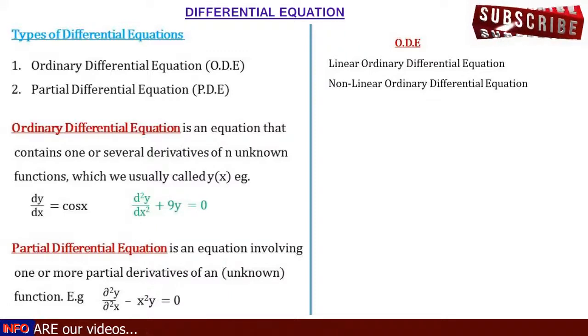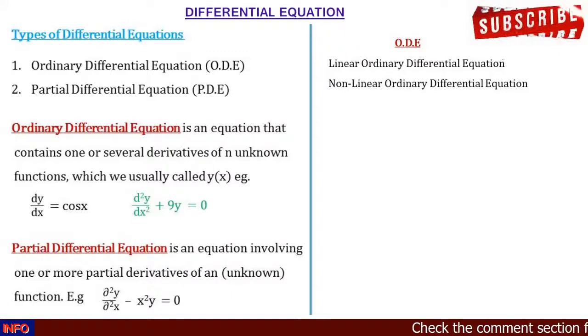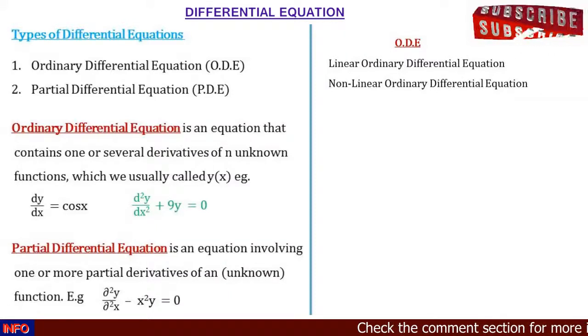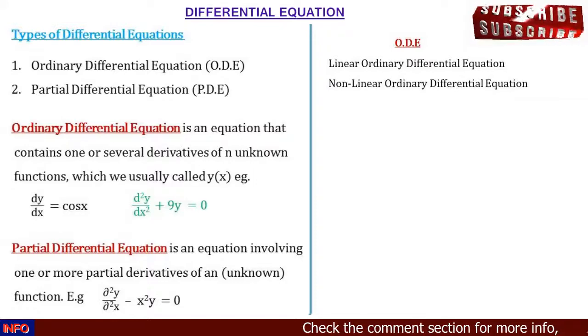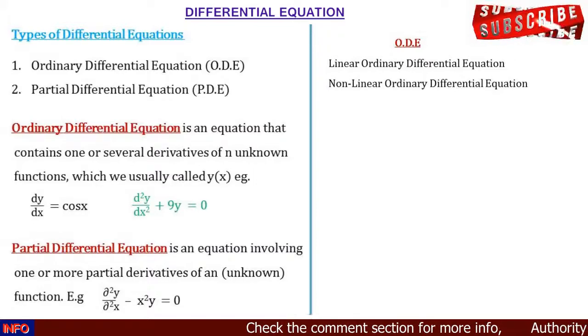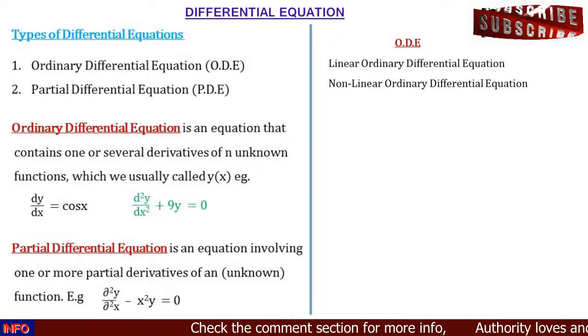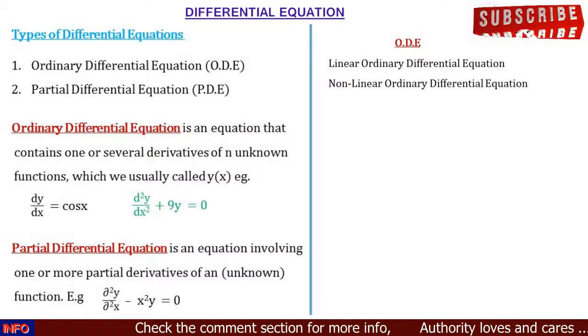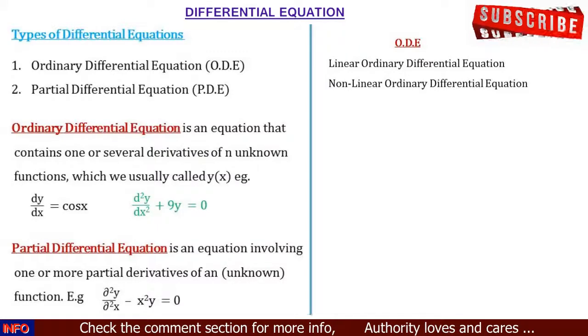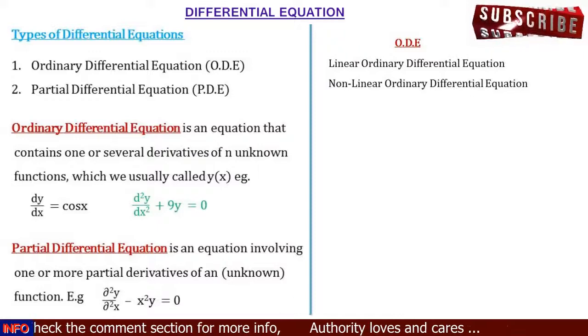You will know the difference between linear and non-linear by the definition of degree. Now, in polynomials, we deal with degree, right? If the degree is 1, you say it is linear. If the degree is 2, you say it is quadratic. If it is 3, you say it is cubic, and so on. Is that true?